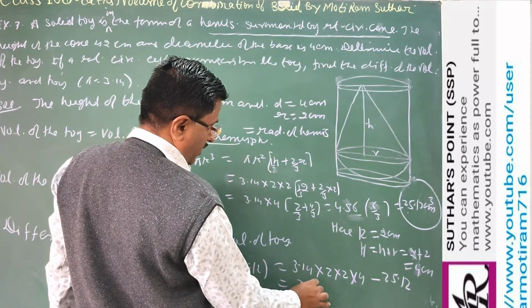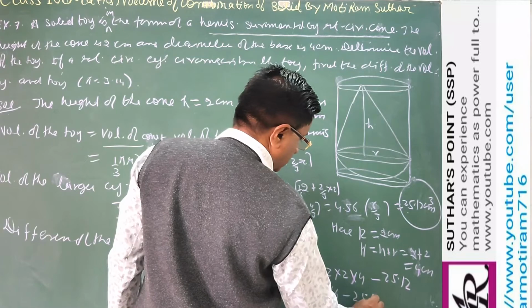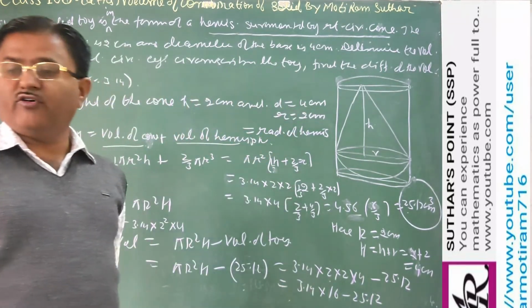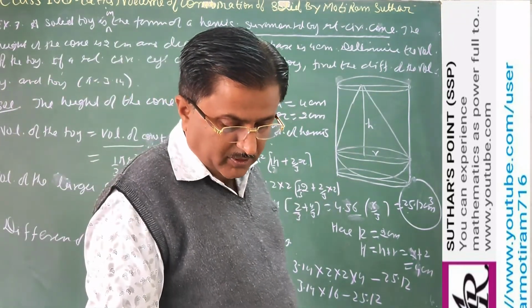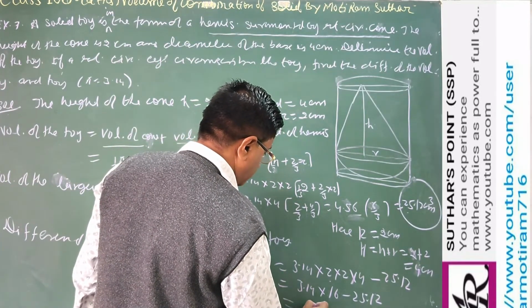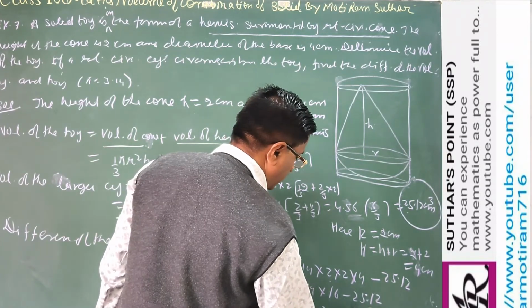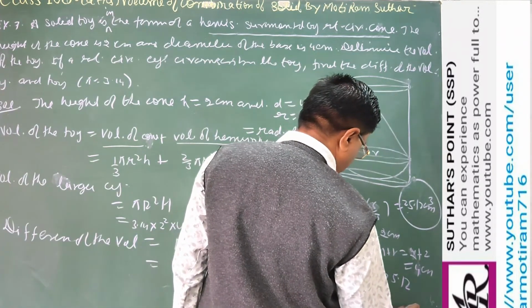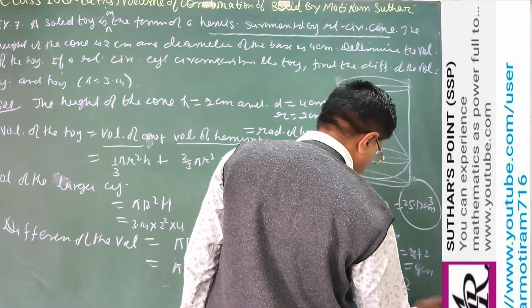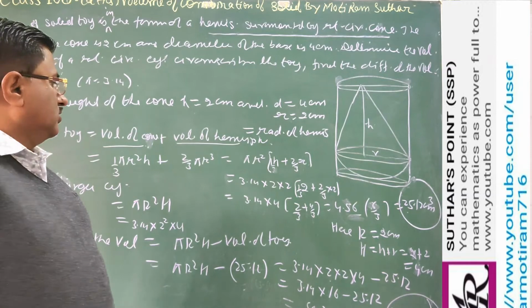So 3.14 into 4 into 4 is 16, 16 times 3.14 is 50.24. So 50.24 minus 25.12 is 25.12 cubic centimeter.